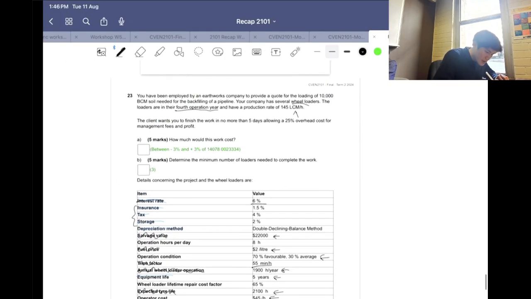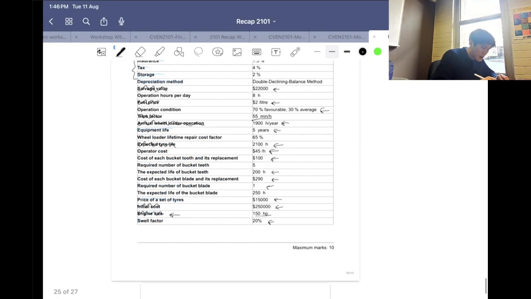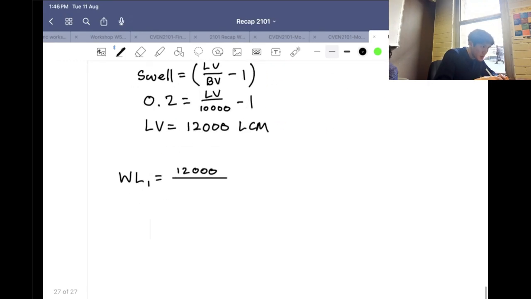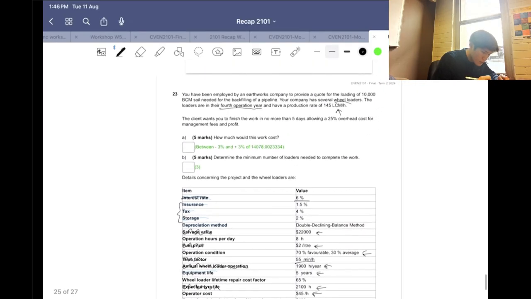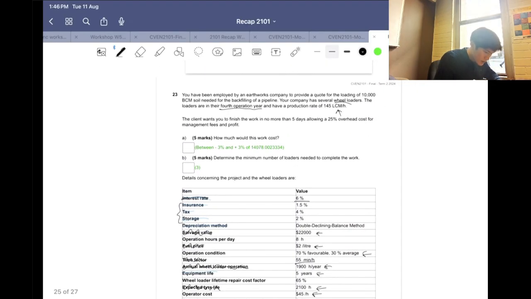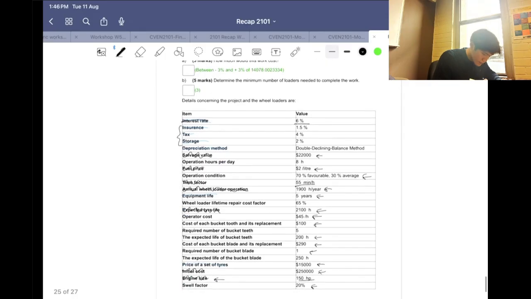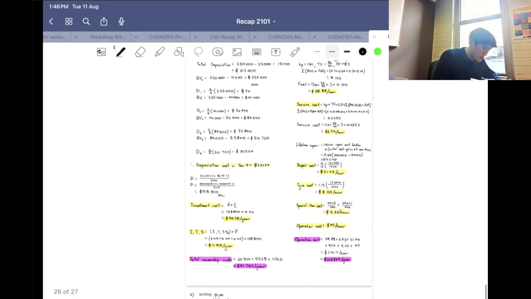For one wheel loader, it'd be 12,000 LCM divided by 8 times 145. Its production rate is 145 LCM per hour. That's just one wheel loader. Why does it say 8? Oh, 8 hours per day.